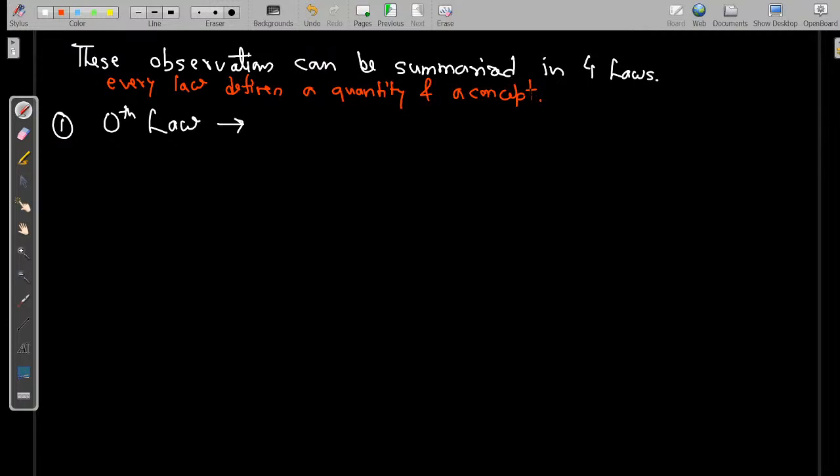All the four laws define a particular quantity and a concept related to that quantity.